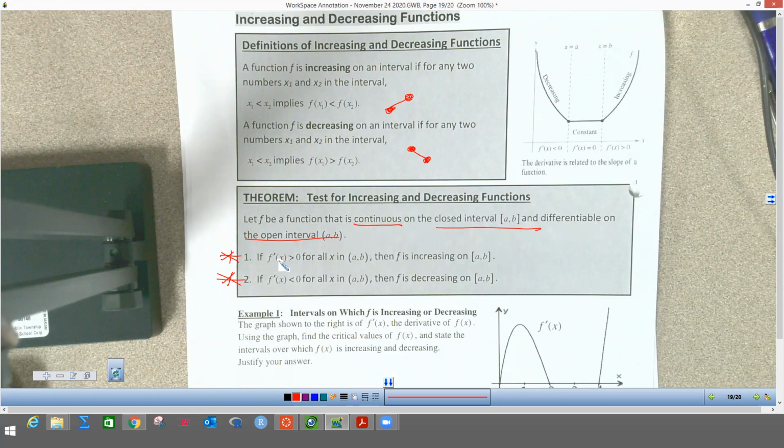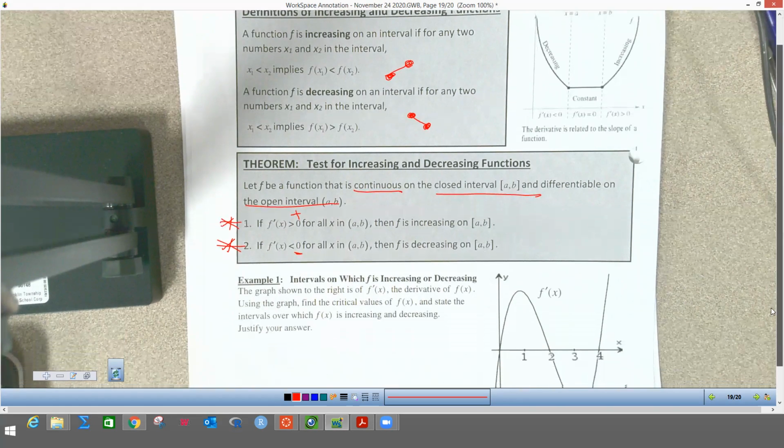Then it says if f prime of x, the derivative, is greater than 0, which means a positive, for all x in (a, b), then f is increasing on the closed interval from a to b. And if f prime of x is less than 0, meaning a negative, for all the x from a to b, then f is decreasing on the interval from a to b, including a and b.